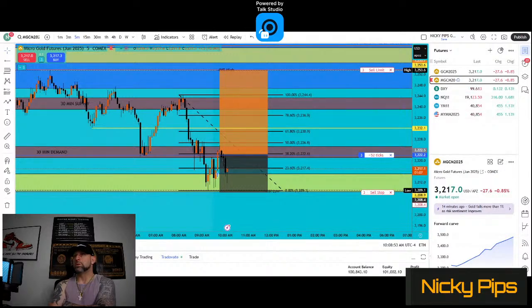So we got almost a minute left on this 5-minute candle. We'll see if we print bullish. That'll actually give us a little bit of confirmation to continue to push up.